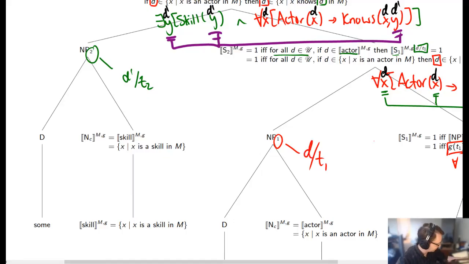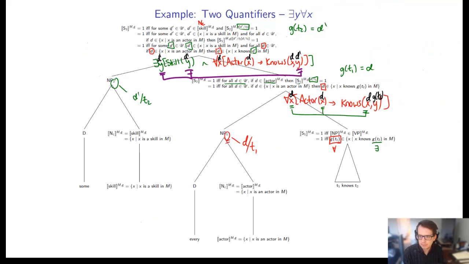First, make sure you're using a different letter if you've already used one, and make sure that you're binding with the right number. If you don't bind the right number, things will not work out properly. And if you use the same variable, you'll get a confused interpretation. You'll get reflexives when you don't want reflexives.